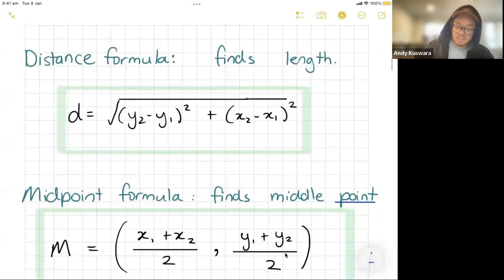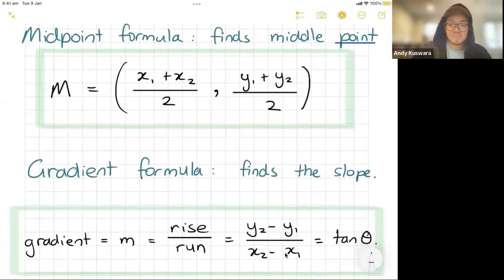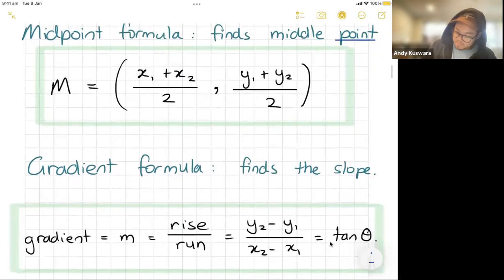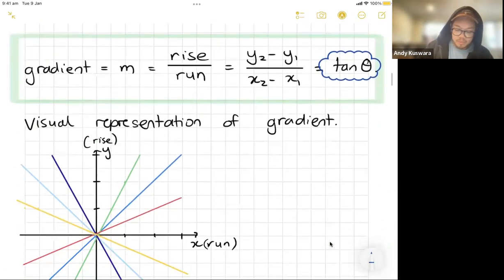You'll notice it's kind of like the same order as distance, just this time there's no squares. And the other one, which a lot of people forget about, is tan theta. So just don't forget that that is a valuable method to find the gradient, okay? And I'll show you what I mean by that.